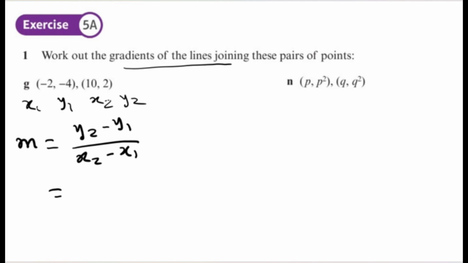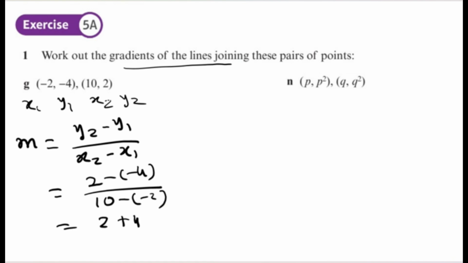So our y2 is 2 minus minus 4 over x2, which is 10 minus minus 2. So that will give you 2 plus 4 over 10 plus 2. That means it's 6 over 12, which is half. So the gradient for this we are telling as a half.